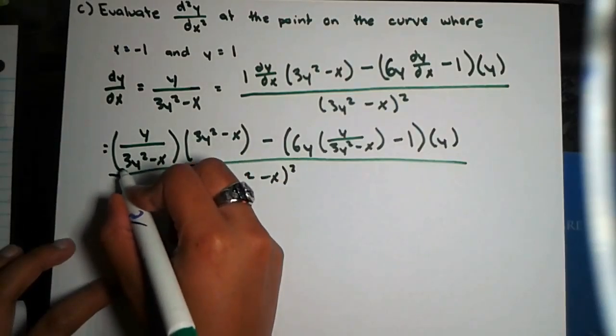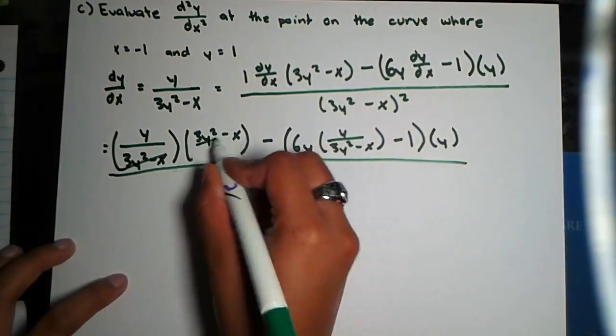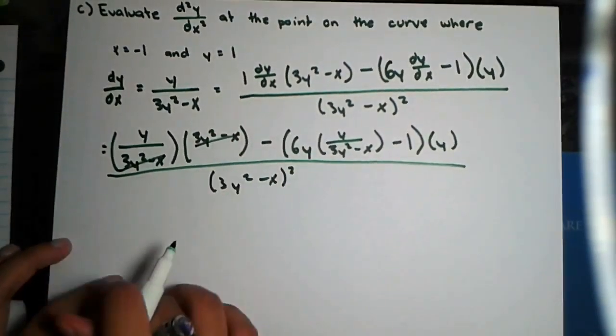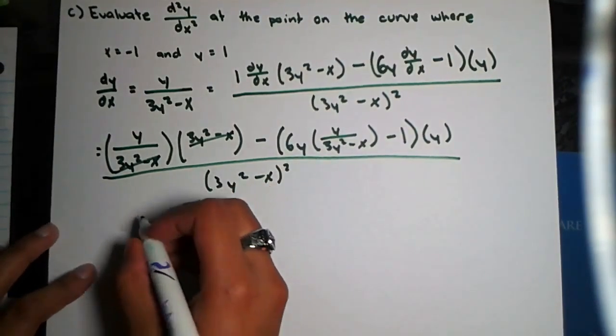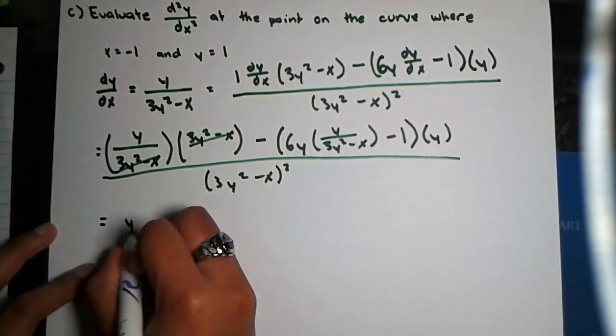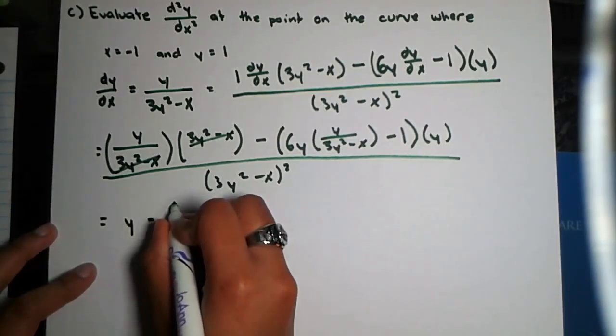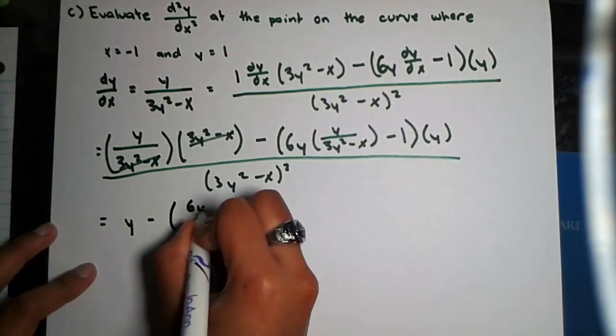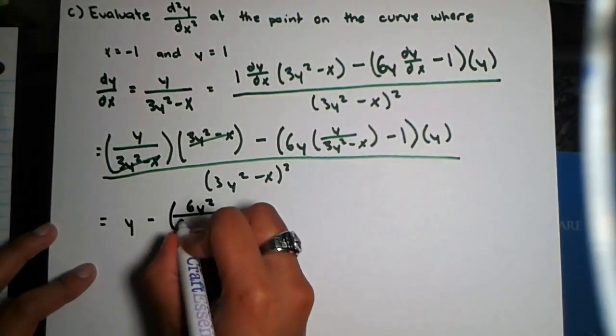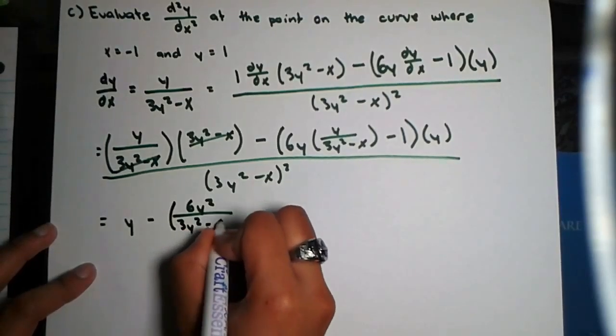And then if you look at this, you can cancel out the 3y squared minus x here, because it's just equal to 1. So you're left with y minus 6y squared over 3y squared minus x, minus 1 times y.